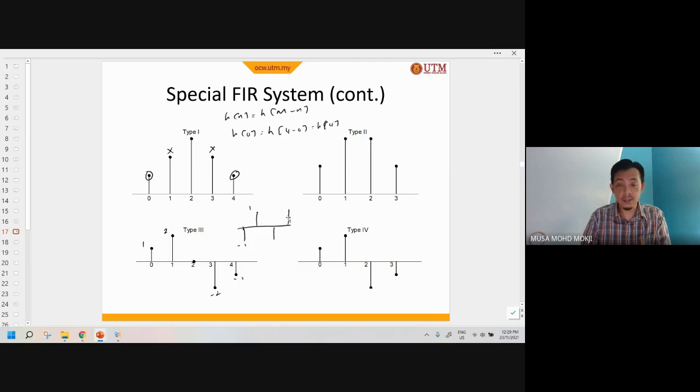This one and this one are the same but with a different sign. This one and this one are the same but with a different sign. To make it clearer, let's say this is 2 and this is negative 2. It just needs to be a different sign. It doesn't need to start with a positive and later be a negative.